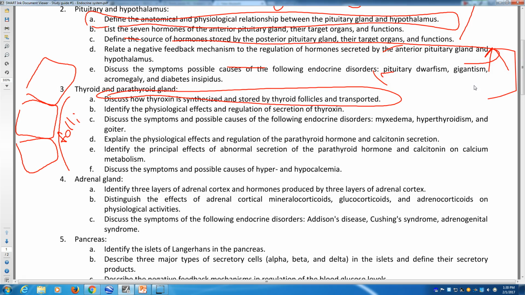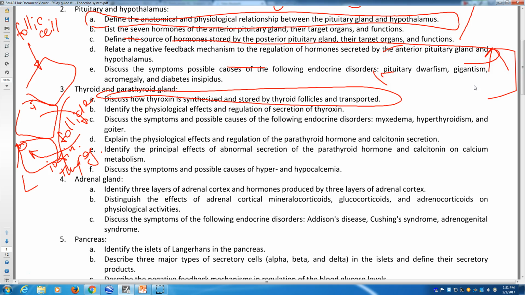If this is the follicle, and this is the follicular cell, then that's the iodine direction, okay? That's iodinated thyroglobulin. And here are your lysosomes. That's where the tyrosine is cut away from thyroglobulin. Lysosomes are intracellular. Does that make sense?